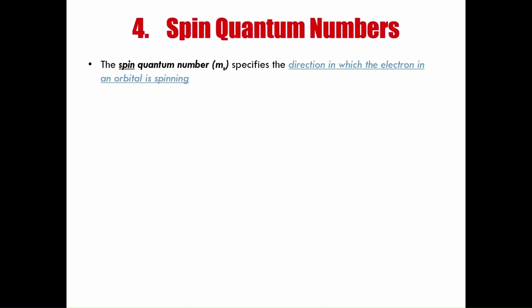The fourth quantum number is called the spin quantum number. It's symbolized by a lowercase m subscript s. This quantum number specifies the direction in which the electron in an orbital is spinning. There are only two possible values for this quantum number, positive 1/2 and negative 1/2.